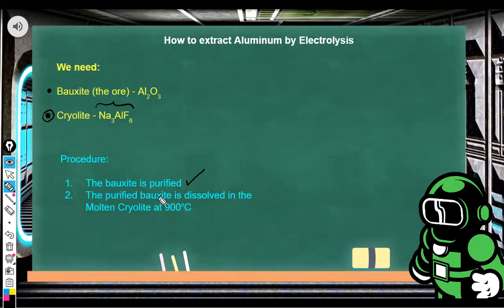And then the purified bauxite is dissolved in molten cryolite at 900 degrees Celsius. Take down everything on the screen. Now, of course, you're probably wondering, but why does the cryolite make the entire process easier? I'll have a note on that for you in a little while.